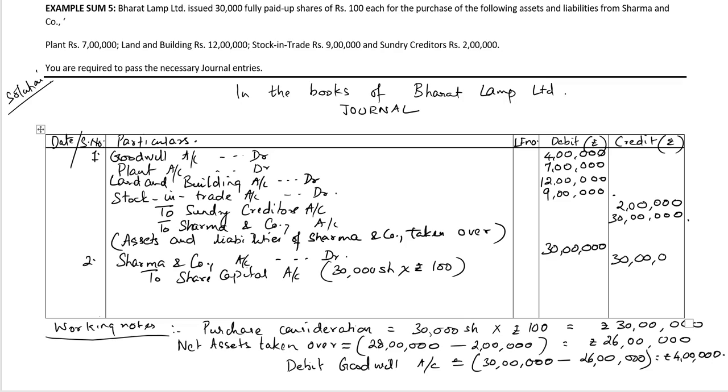Total amount 30 lakh rupees. Narration: 30,000 shares of rupees 100 each issued at par for consideration other than cash.